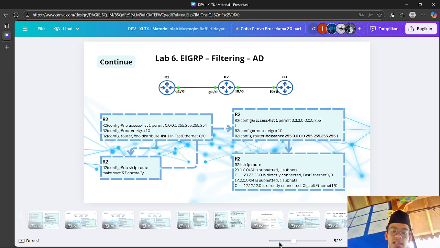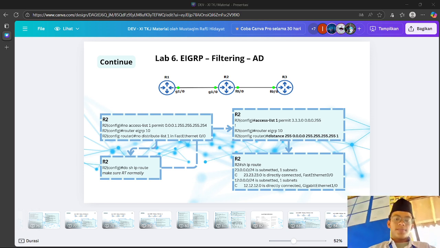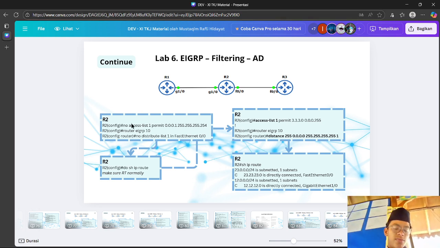That's just the example about administrative distance. Then for the topology of administrative distance, we erase the configuration from before in router 5. Sorry, lab 5 talked about access list, permit, filtering, and prefix list.